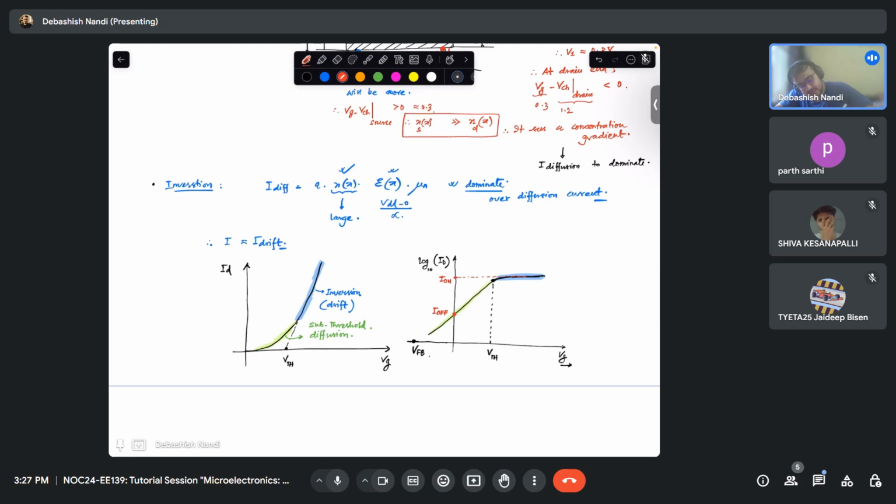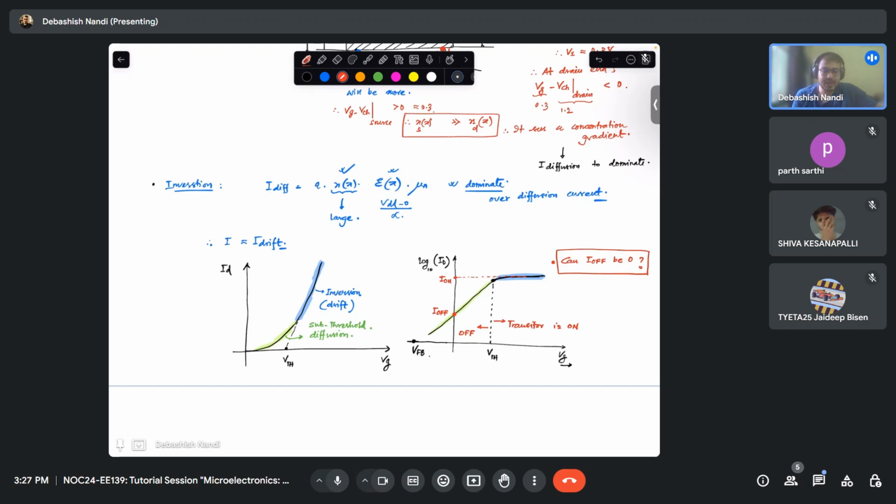The question is, can Ioff be 0? In this case, your transistor is on, and in this region, your transistor is off. VTH is the point.